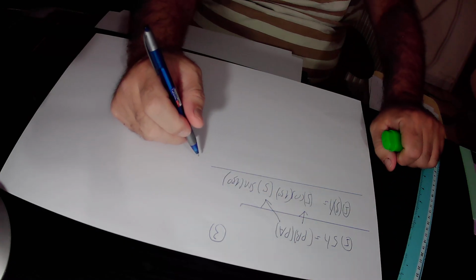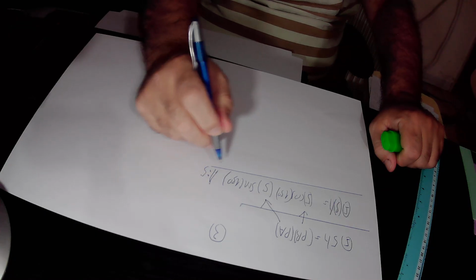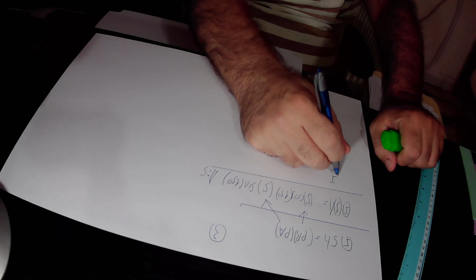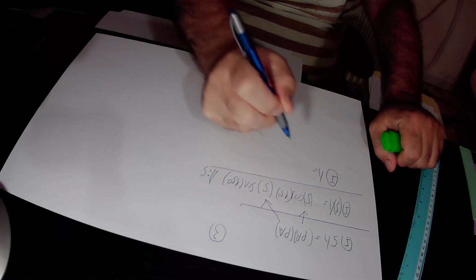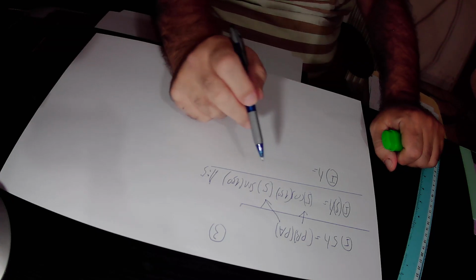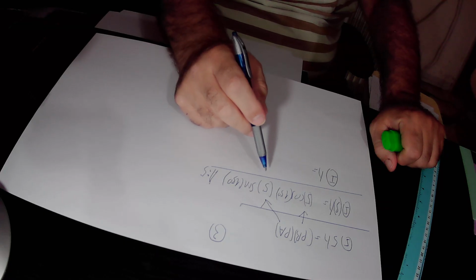Here we will divide equation 1 by 5. And finally we get that according to this equation 1, 5H over 5 is H. So H equals to, here we have to divide by 5. So 5 over 5 is 1, so we're left with only one 5.